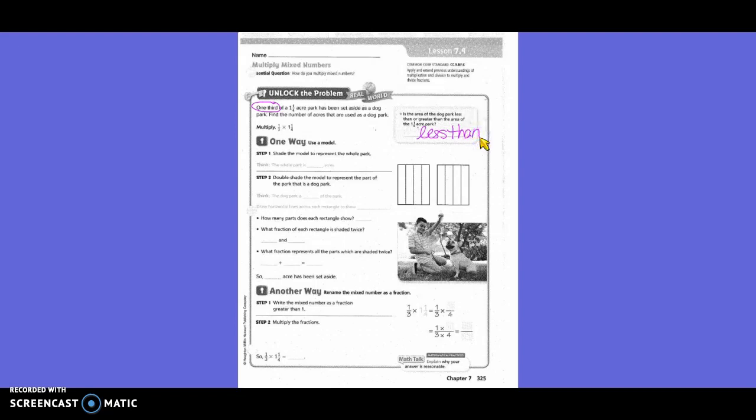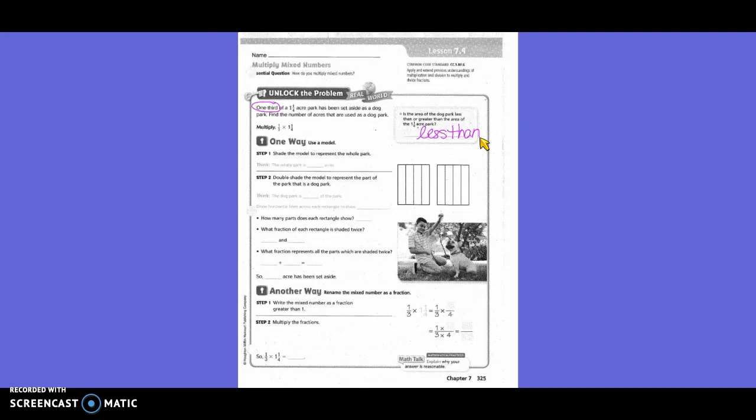So this is one way that they said that you can set up multiplying mixed numbers. Shade the model to represent the whole park. So we're looking at the 1/3, right? So we're going to shade the 1 1/4, right? They already broke our pieces into fourths. So how many of the first rectangle do I need to color in? All of it.